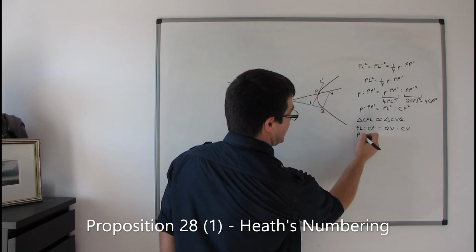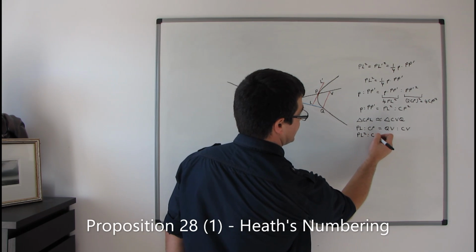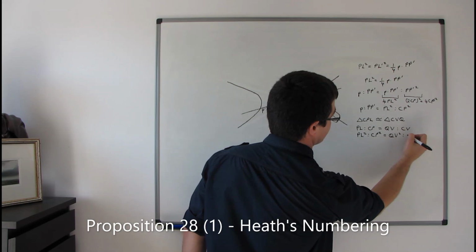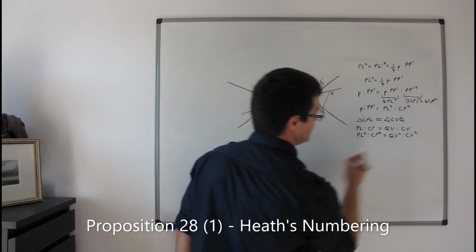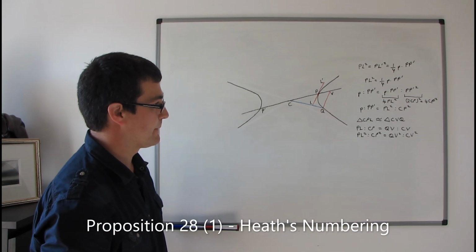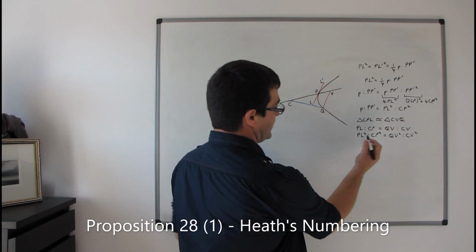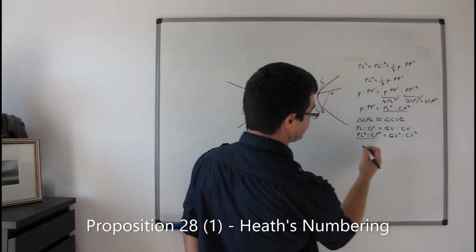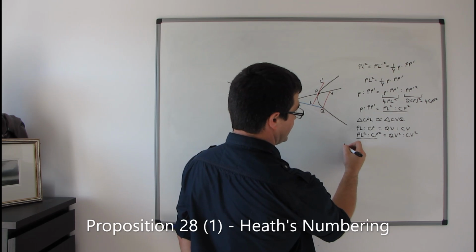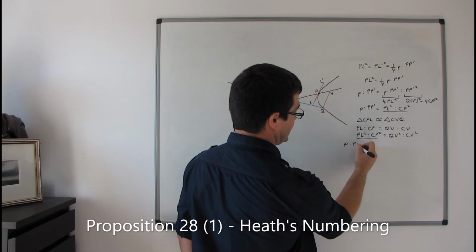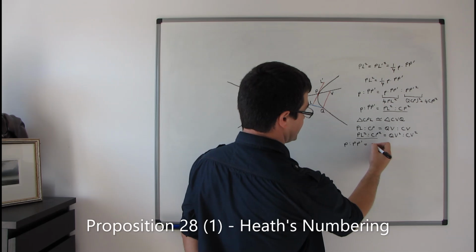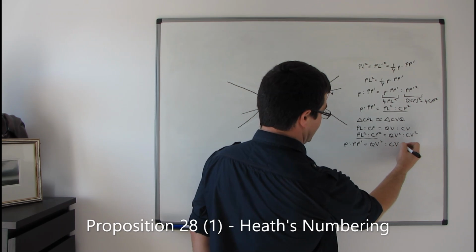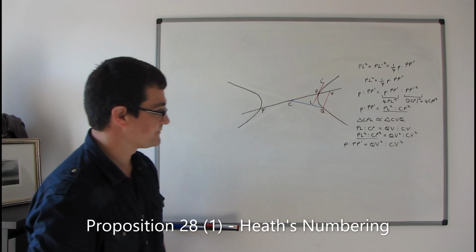Therefore PL squared to CP squared is equal to QV squared to CV squared. Notice that we've got the same thing here as we've got here. We can conclude then that p to PP' is equal to QV squared to CV squared.